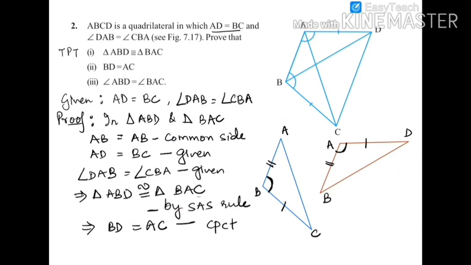Angle ABD is this angle in triangle ABD, and angle BAC is marked here. So these two angles are the corresponding angles of two congruent triangles, and therefore they are equal. So angle ABD is equal to angle BAC by CPCT, corresponding parts of congruent triangles.